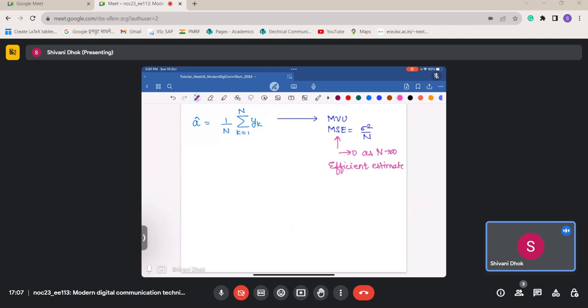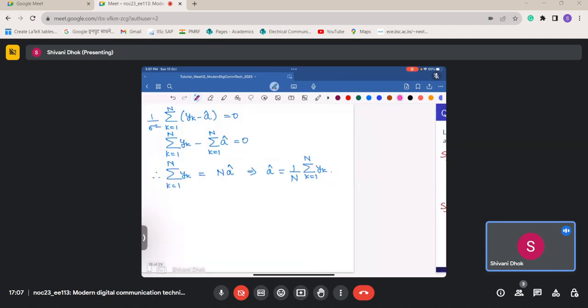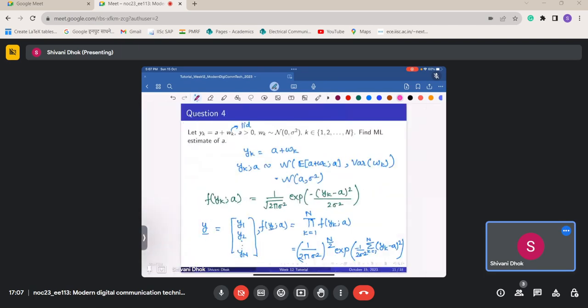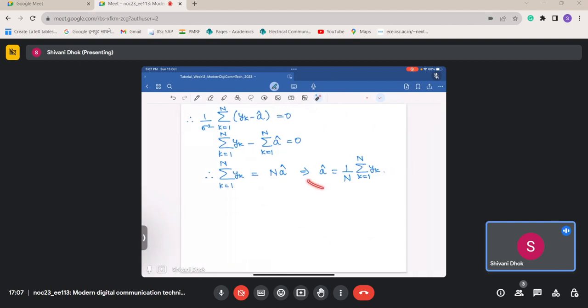Another interesting thing you should note here is that we had tried to find an ML estimate for the same setup in question 4, and what we had found out was that my ML estimate was also equal to 1 by N summation k running from 1 to capital N yk.